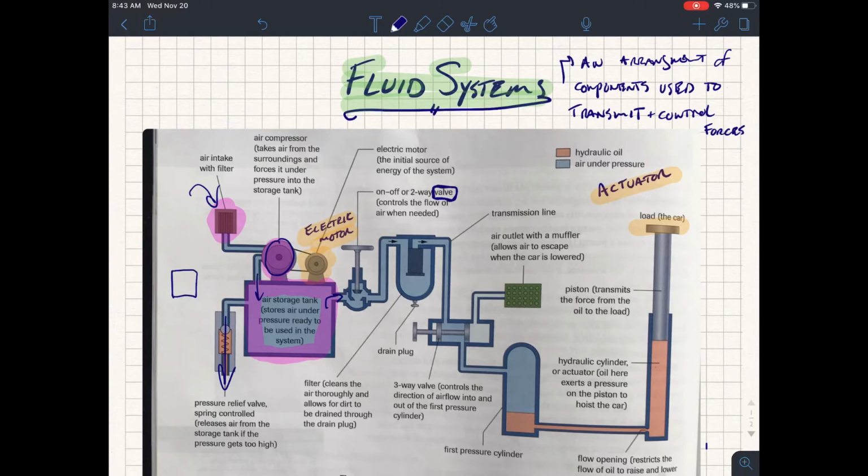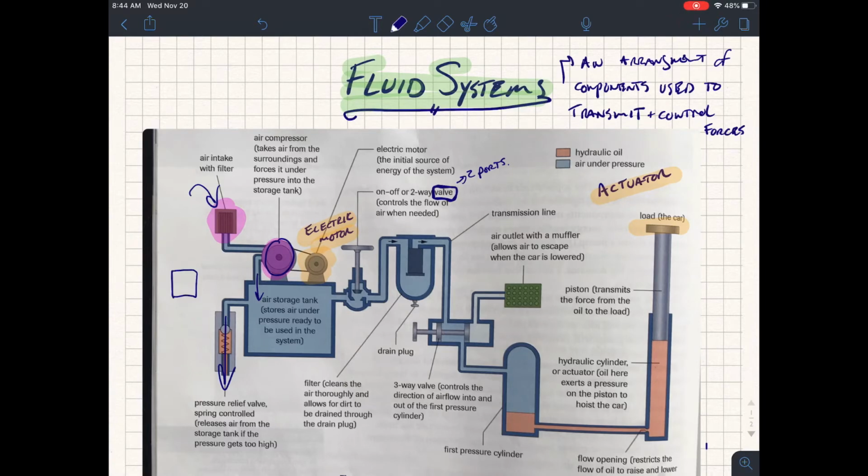The other thing to notice about valves is they all have ports. This particular valve has two ports. That is, it has one way in and one way out, so there are two openings within the valve chamber. So we can say that this valve has two ports.